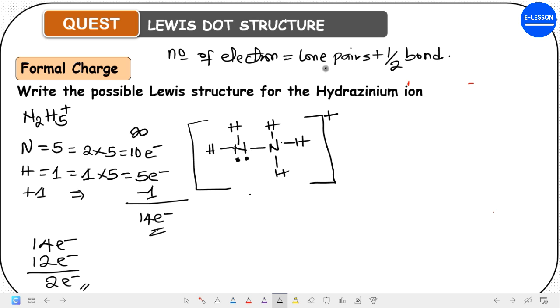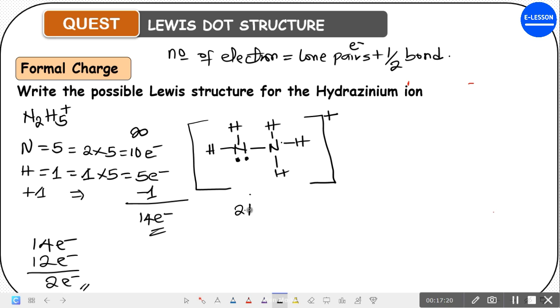Are you getting it now? Number of lone pair electrons plus half of the bond pair electrons. So this nitrogen, now let us count. How many lone pairs are here? 1. So this is lone pair electrons, the number of lone pair electrons. How many lone pair electrons are here? It is 2 lone pair electrons.